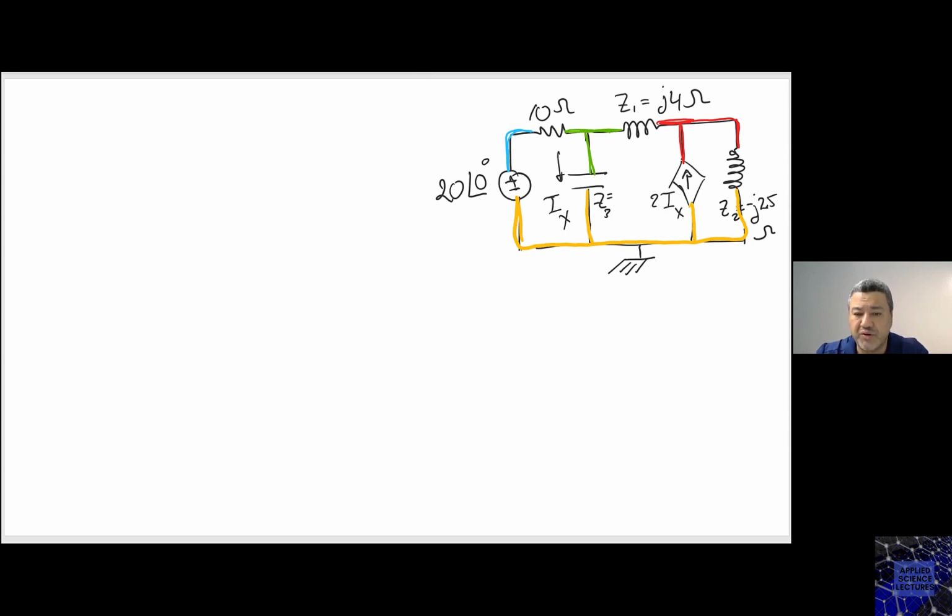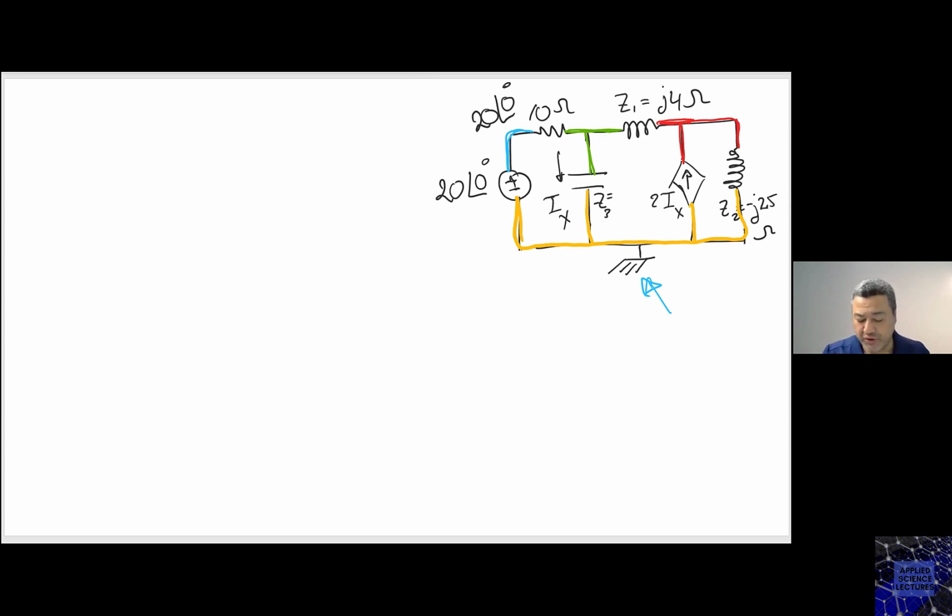The voltage is known. That's correct. So the voltage here is known because I have the reference here. My reference is here. For this voltage source, the voltage at this node is known, and it's 20 volts.